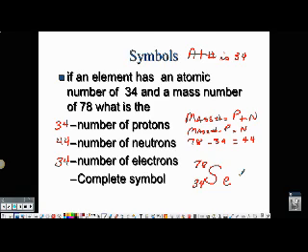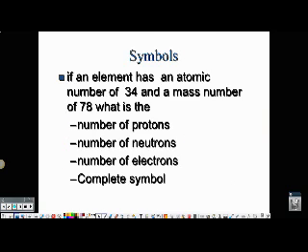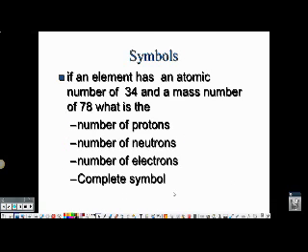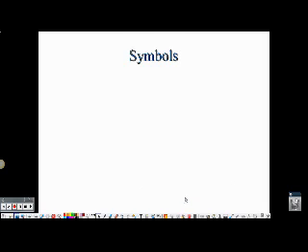So if you're asked to do the complete symbol, this is what we're talking about: you use your periodic table, find the correct symbol, and write the mass number at the top and the atomic number at the bottom. Alright, so let's erase all of this and go on to the next slide. Hope all of you got that one right.